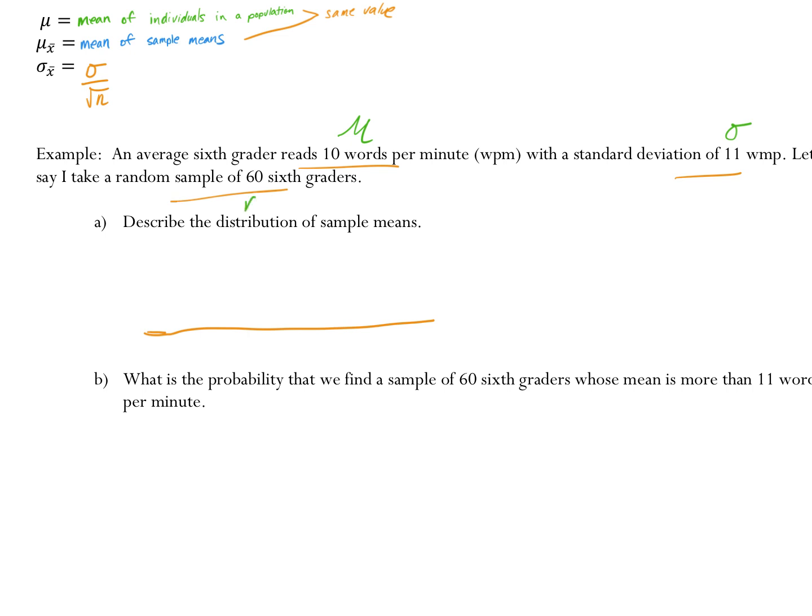And then as soon as I see my random sample of 60, I would write n equals 60. As I draw my distribution of sample means, I've got to decide, is it going to be normal? Well, I don't know that the population is normal. I do know that my sample size is bigger than 30, so I'm allowed to assume those X bars will be approximately normal. The mean of my X bars is going to be 10 because it's going to match the mean of my population.